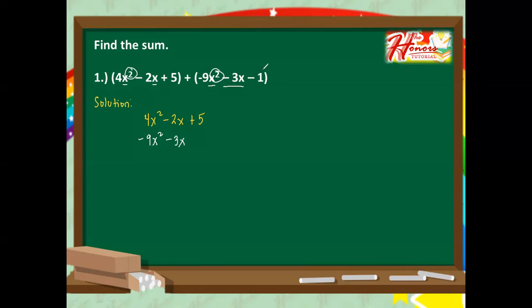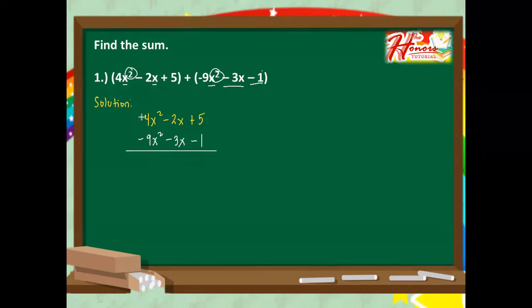And then lastly, we have here negative 1. We have to write negative 1 under the constant also because negative 1 is a constant. When we say constant, it is a number only. Beside it there is no variable. So we have here negative 1.